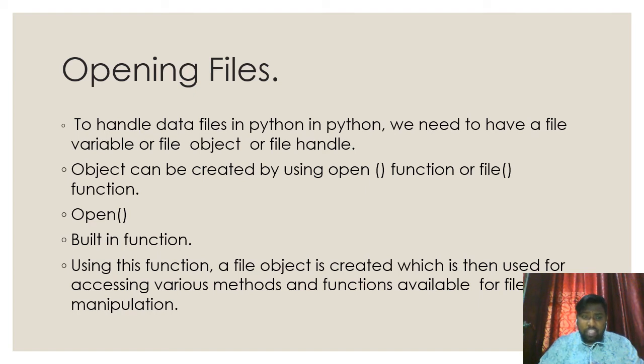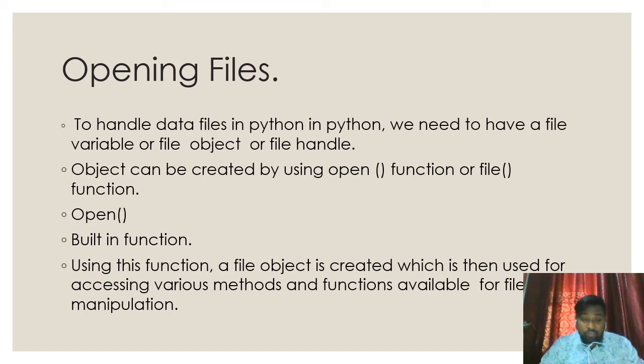Opening files. To handle data files in Python programming language, we need to have a file variable or file object or file handle. In each program, if we want to access data to get the result, we need to have one storage area. That area is known as a variable, or we can call it a file object or file handle. The object can be created by the open function.